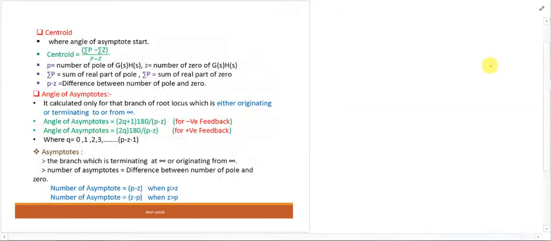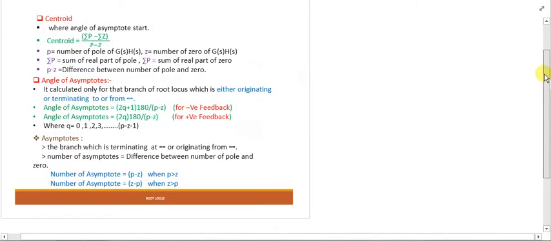Okay. Now, next is the centroid. What is the centroid? First we are going to study what the asymptotes are. Asymptotes are those branches in the root locus which terminate at infinity. In the beginning we studied that our root locus started from a pole and terminated at a zero.